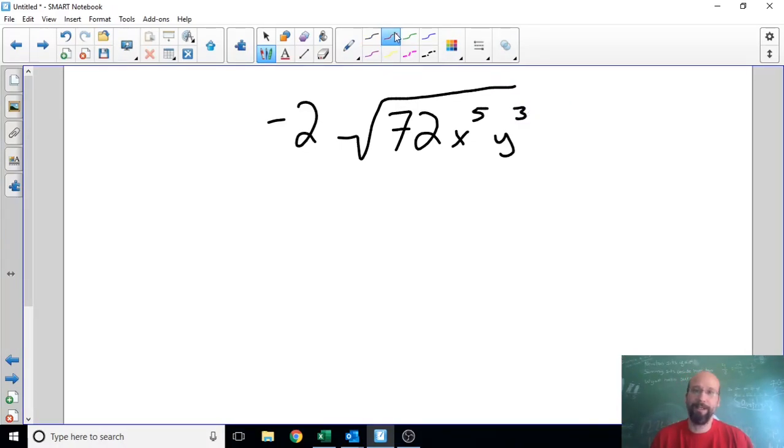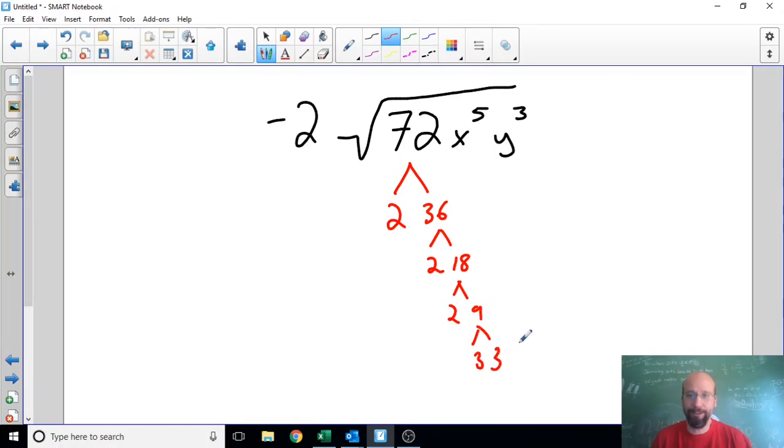All right, so I'm going to factor out 72, do my tree, 2 and 36, 2 and 18, and again I could have done 6 and 6, 2 and 9, 3 and 3, and then I have x, x, x, x, x, because I have 5 x's, and I have 3 y's, y, y, y. So that's everything inside the radical.